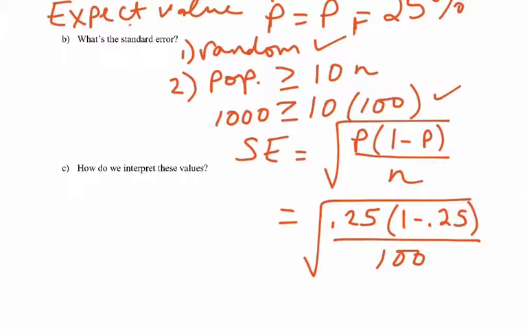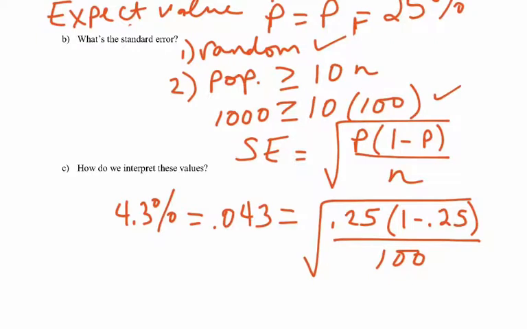If I put that into the calculator, I get about 0.043. If we write that as a percentage, that would be 4.3%. So what does that mean? That means that from one sample to the next, there's going to be a variation of about 4.3%.